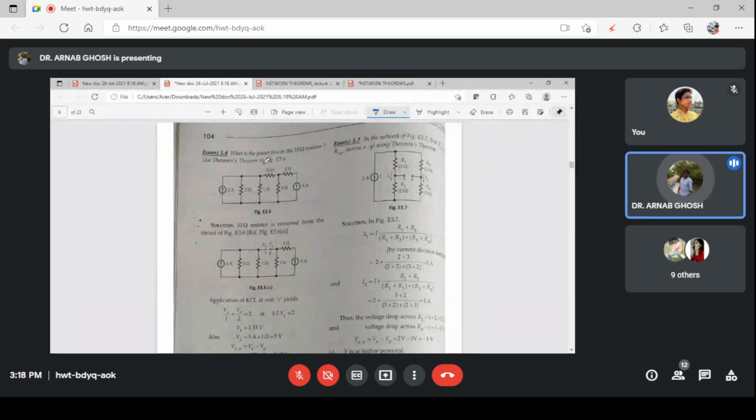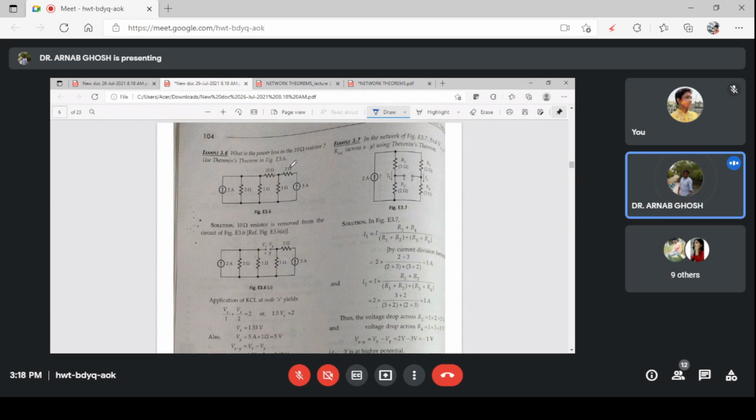Okay, do this problem 3.6, where we have to calculate the power loss in the 10 ohm resistor. You have to calculate the open circuit voltage across this 10 ohm resistor, and the internal resistance of the circuit, that will be your Thevenin's resistance.